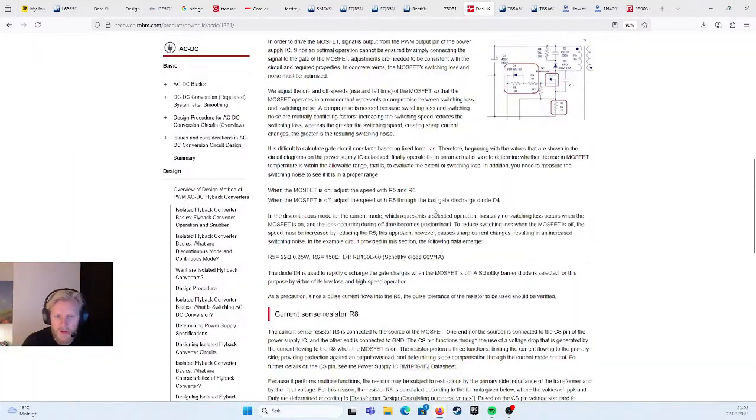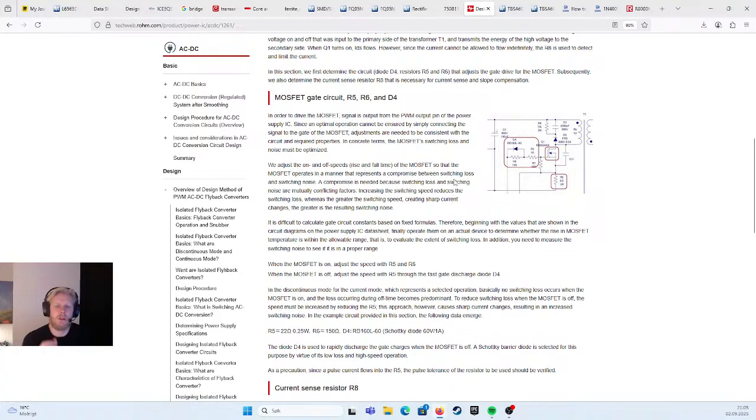It's just one page. Signal is output from the PWM output pin of the power supply IC. Since an optimal operation cannot be ensured by simply connecting the signal to the gate of the MOSFET, adjustments are needed to be consistent with the circuit and required properties. In concrete terms, the MOSFET switching loss and noise must be optimized. We adjust the on and off speed, rise and fall time of the MOSFET so that the MOSFET operates in a manner that represents a compromise between switching loss and switching noise.